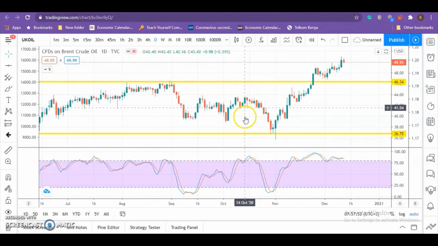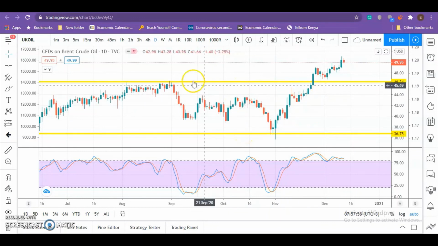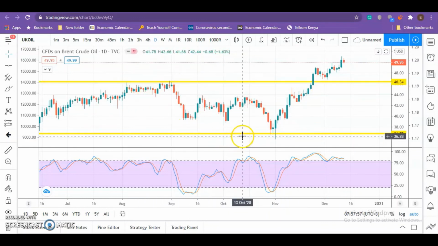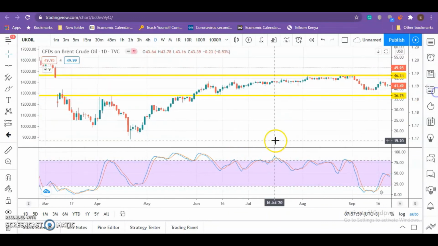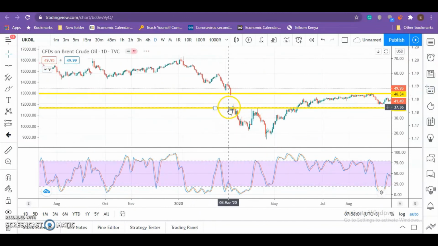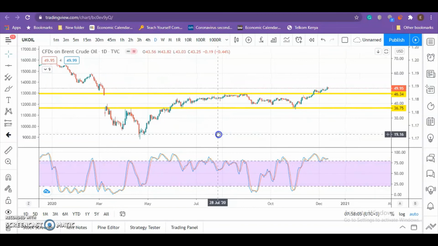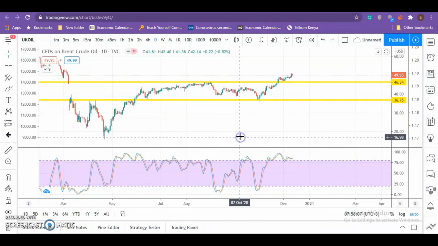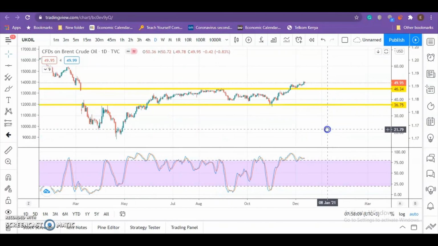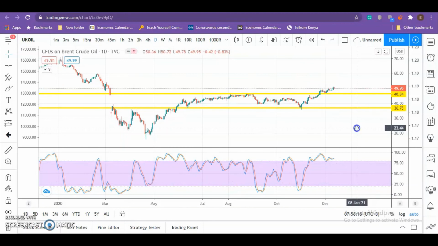So this is our support, this is our resistance, and we can see anytime it touches our support or our resistance, since March, actually, before we had that negative price on oil futures, which guys confused with the true price of oil.